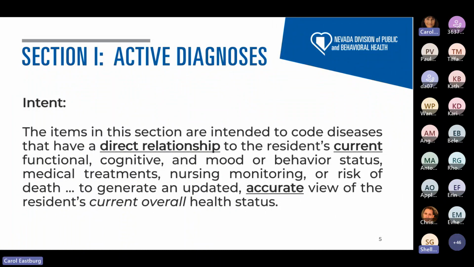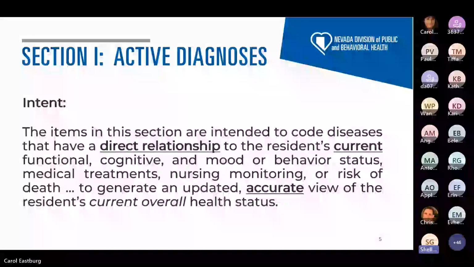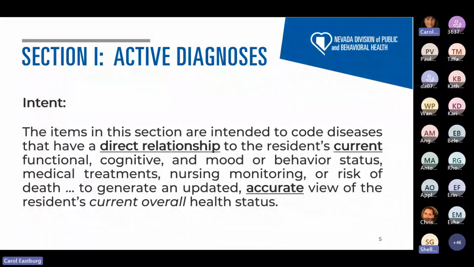So this section is where you will indicate the resident's primary medical condition that best describes the primary reason that requires this Medicare Part A stay. And the most important factor in deciding on the primary and active diagnoses is going to be the documentation in the resident's medical record.